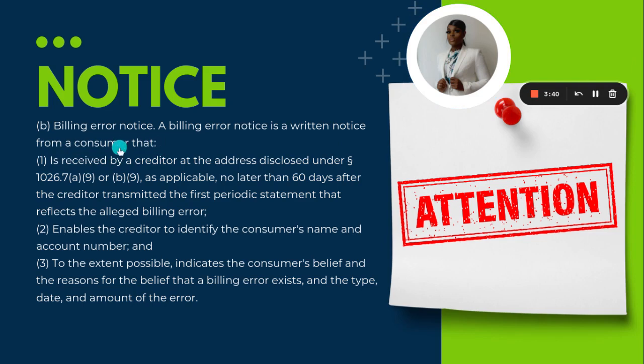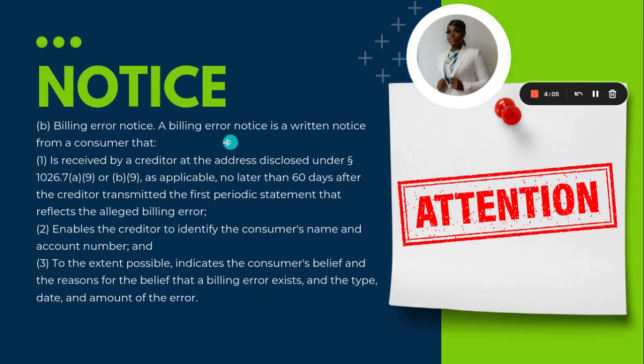You have to provide the billing error notice to the creditor, right? It is a written notice from a consumer that is received by a creditor at the address disclosed under 1026.7(a)(9) or (b)(9) as applicable, no later than 60 days after that creditor has transmitted the first periodic statement that reflects the alleged billing error.